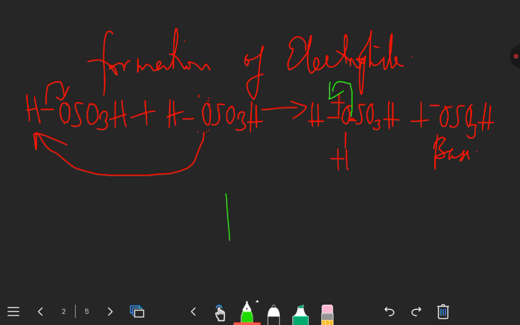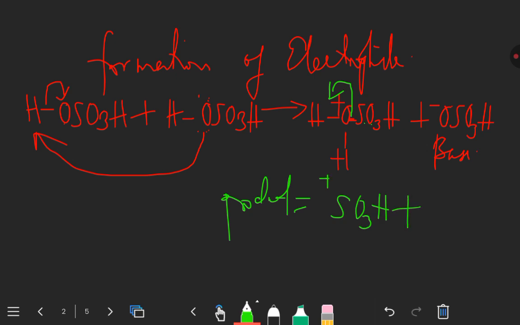So the product: you are going to form the SO₃H. So this sulfur, because the oxygen has taken the electrons, will be left with a positive charge, so it will be plus there.